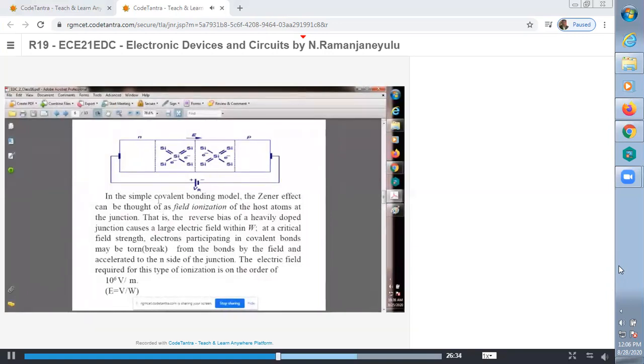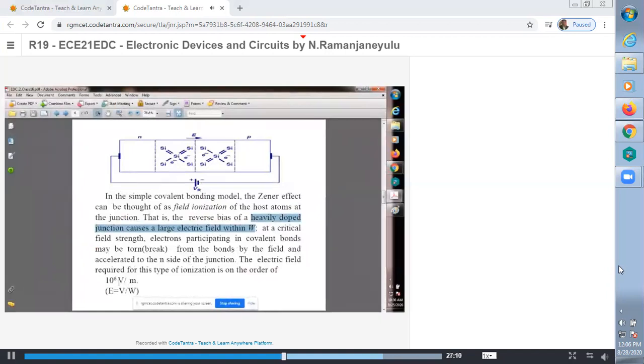In the simplest covalent bonding model, the Zener effect can be thought of as field ionization of the host atoms at the junction, that is, in the reverse bias of a heavily doped junction. A heavily doped junction causes a large electric field within W. At a critical field strength, electrons participating in covalent bonds may be broken from the bonds by the field and accelerated inside the junction.